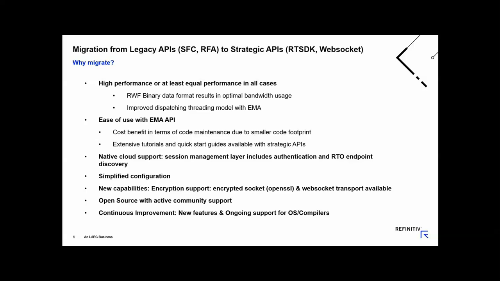All of that is going to be done for the strategic APIs, whereas with the legacy APIs like SFC and RFA, which are at least a couple of decades old, we have rebranded them, we have made them available to you, but the ongoing support will remain, of course, on the strategic APIs. In terms of adding support for new compilers and OSs, we, of course, always do intend to support everything here, whether it's legacy or strategic, and give you any fixes, as Tirthankar had mentioned.